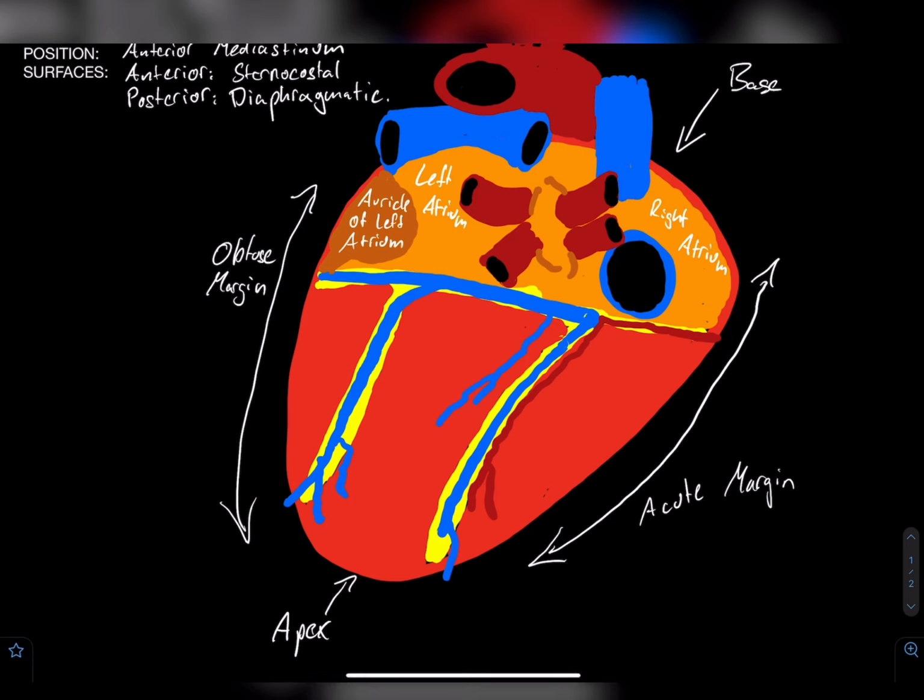Then let's draw our imaginary septum of the heart over here somewhere. It's not really visible because it's not marked by a sulcus on the posterior surface. The sulcus is a little more to the lateral side of the posterior interventricular septum. So we have the left ventricle over here and the right ventricle over here.